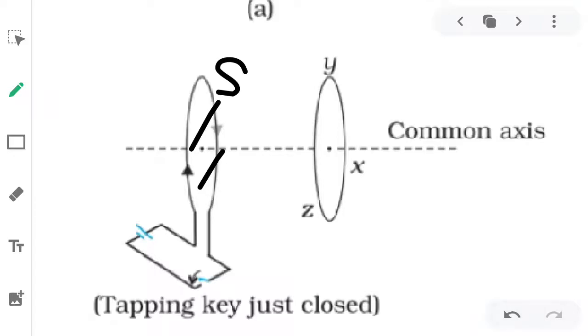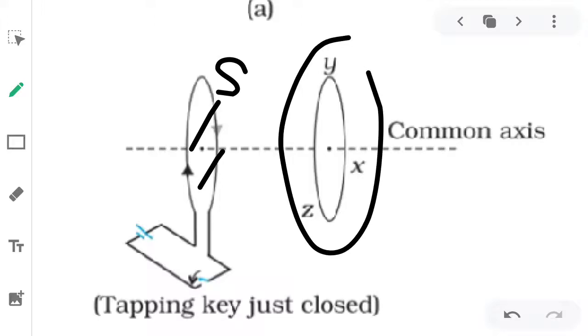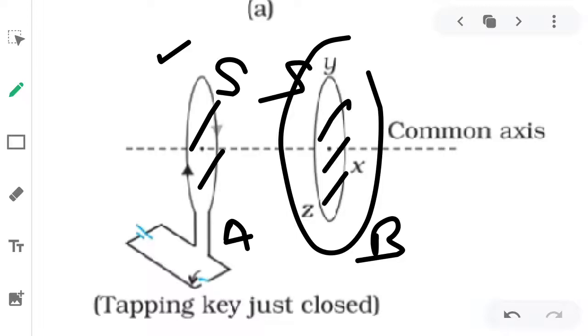Now for this loop here, the face which is towards this coil, suppose I call this coil A and this coil B. The face of coil B which is towards coil A will obviously have a south pole because opposite polarity forms, and the face you can see will have a north pole.